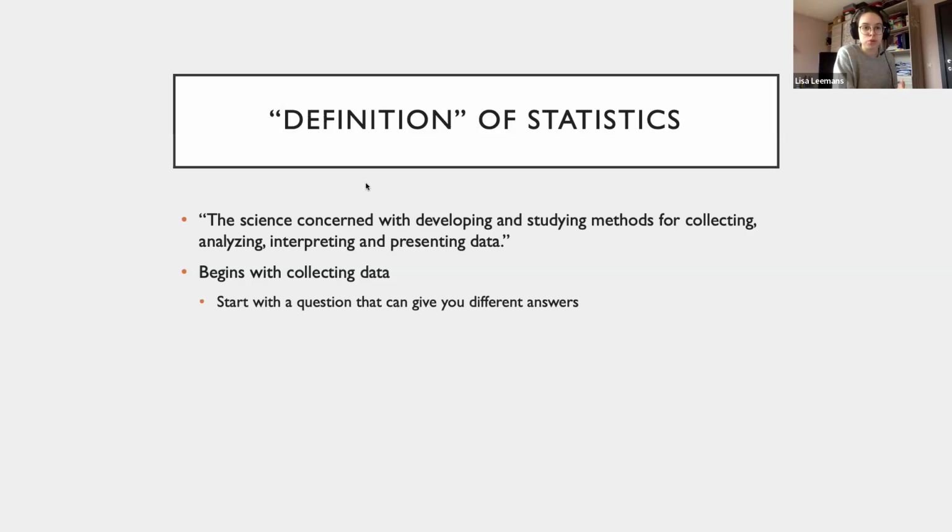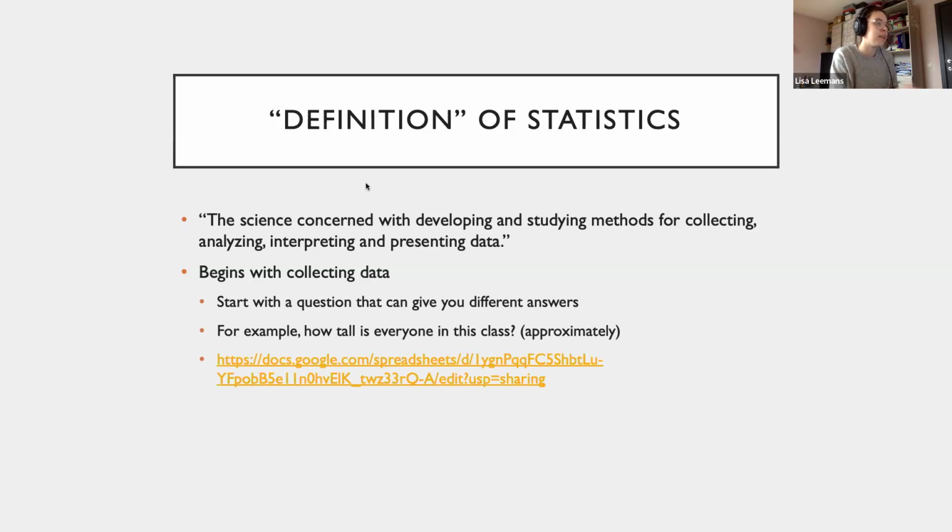So now what we will do, you always question something that you want answers for. It just depends on what it is. But what I will now ask you guys to do is think about how tall everyone is in this class, approximately, and then to fill in your length in this spreadsheet. I'm not sure if you guys can click on them.